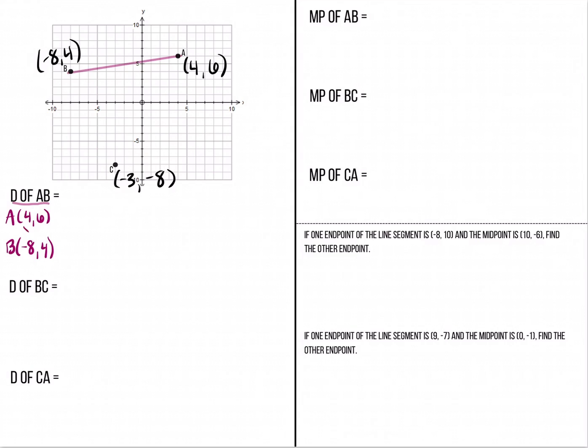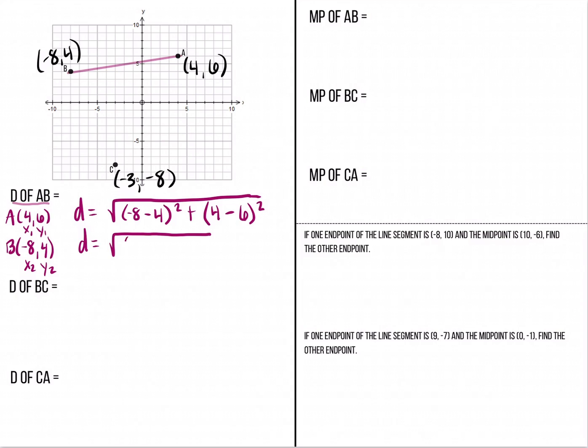So the distance is the square root of x2, -8, minus x1, 4, squared, plus y2, 4, minus y1, 6, squared. Then we subtract: -8 minus 4 is -12 squared, plus 4 minus 6 is -2 squared.